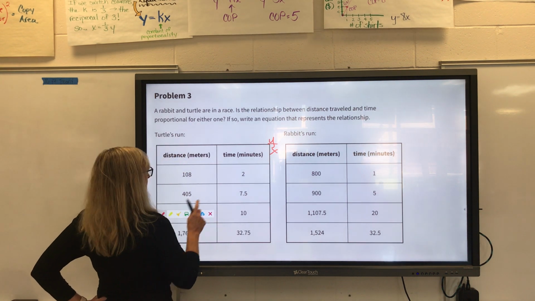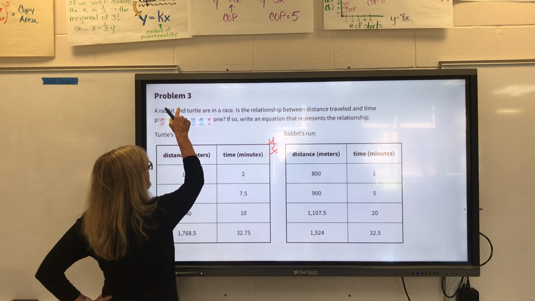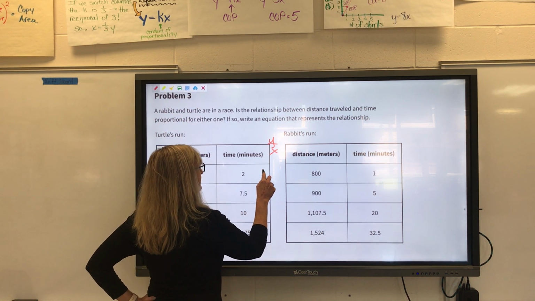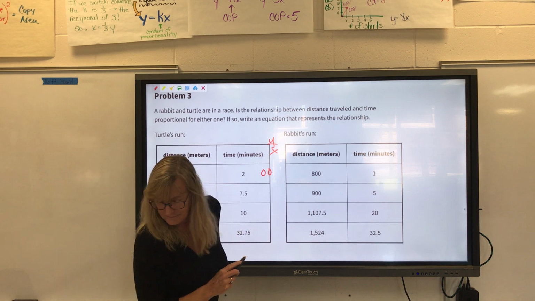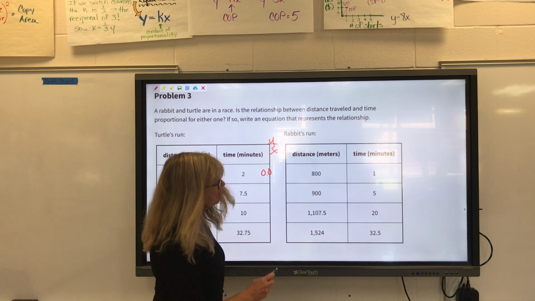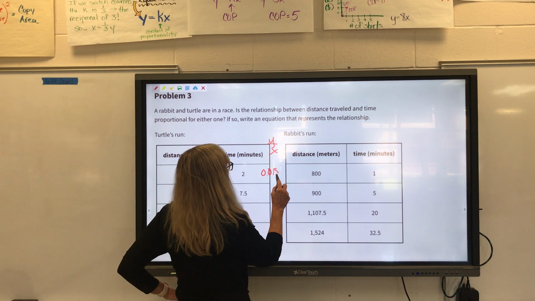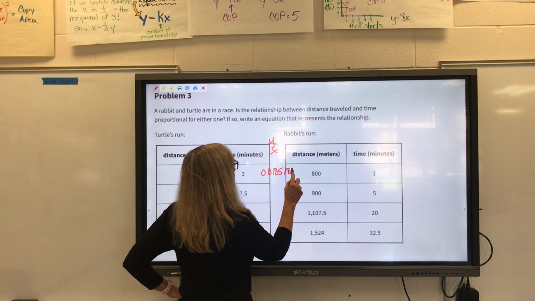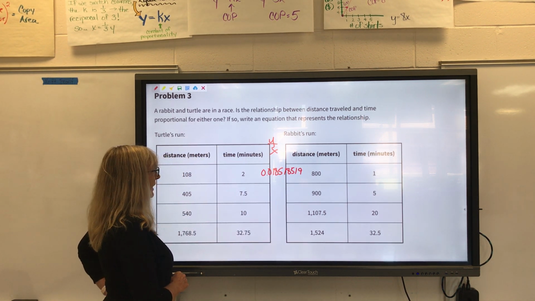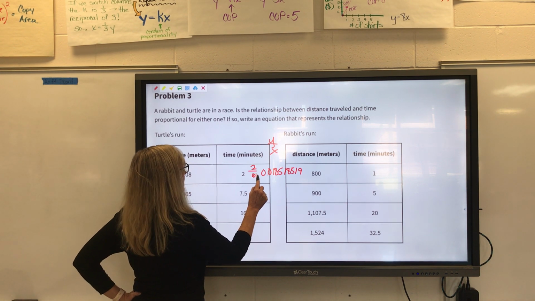So take out your calculators and do 2 divided by 108. You get a super long number, don't you? 0.018518519. That's all it gave me. Okay, that's okay.